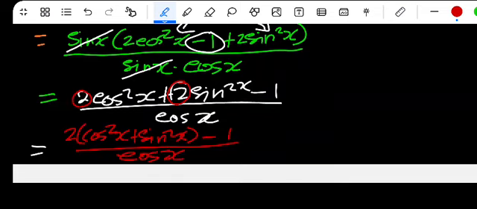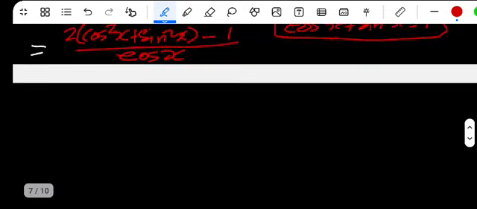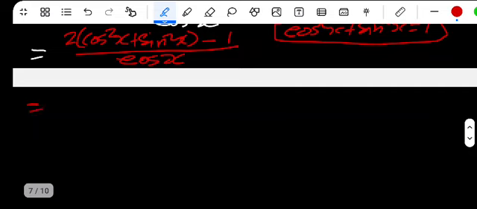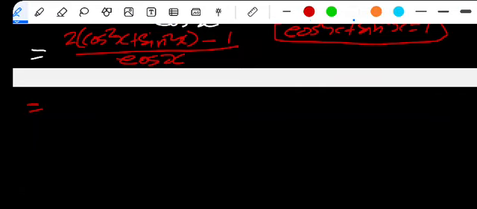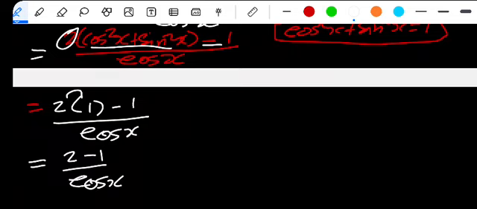Remember, cos squared x plus sine squared x equals 1. Do you still remember this identity? So now we are good here. We'll have our 2, then this will simply equal 1, minus 1, divided by cos x. So this is 2 minus 1 over cos x.